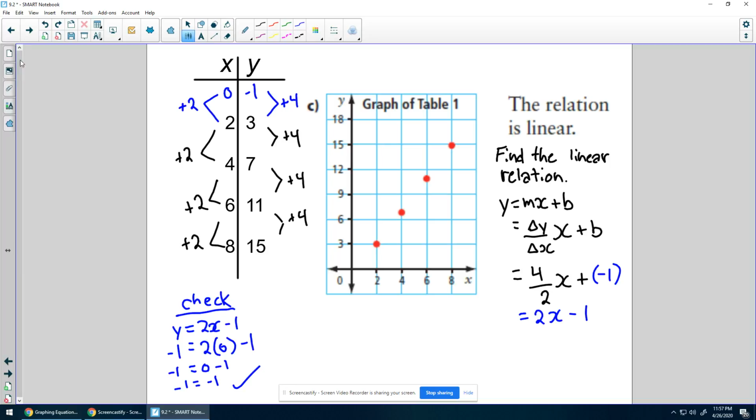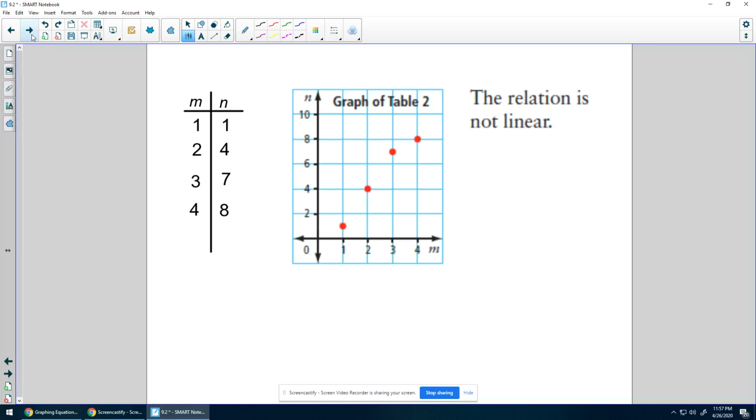Okay. This right here, we have a table of values, and it is graphed. Plotted all of our points, so these coordinates, and so on.